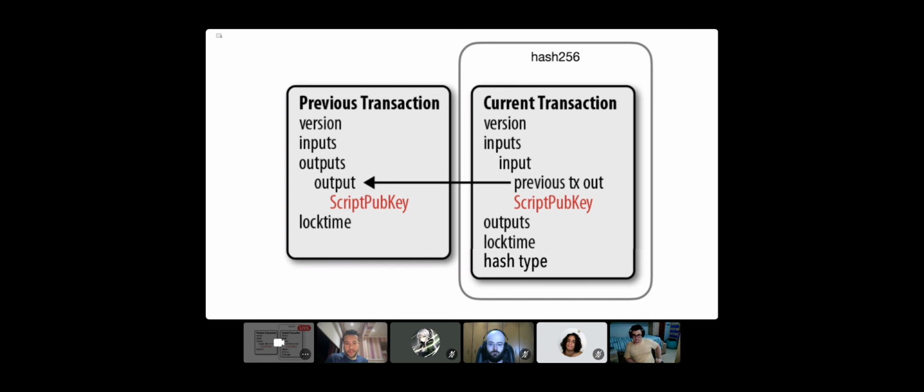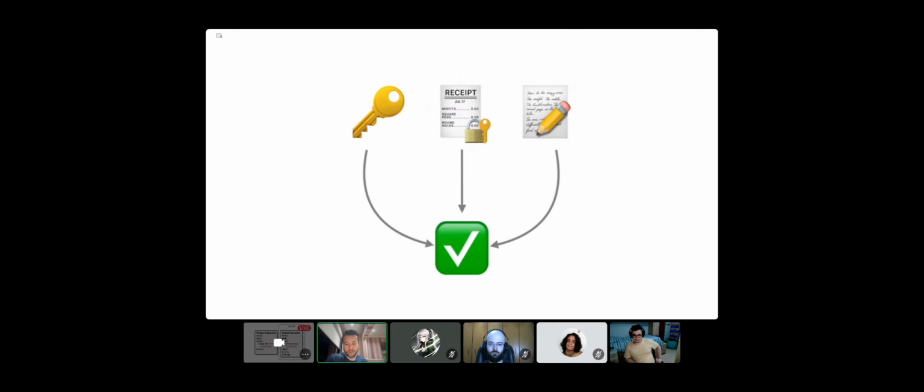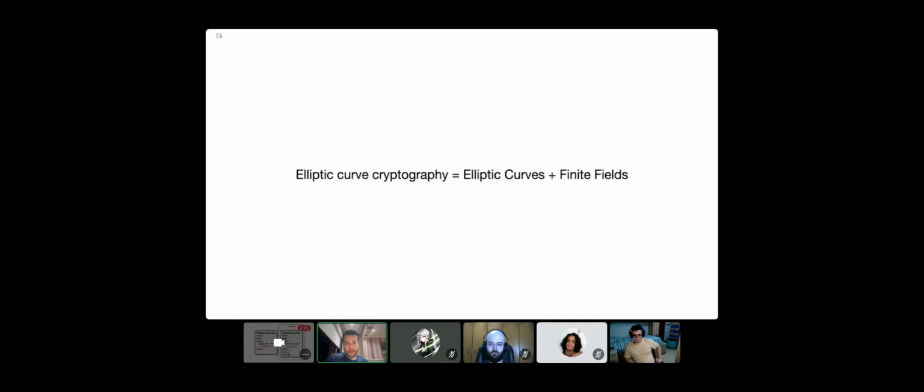No, I believe this will be a good place to stop. The other part is I would like to talk about elliptic curves, which need quite some time. Then I have to talk about finite fields, which is another thing that takes some time.